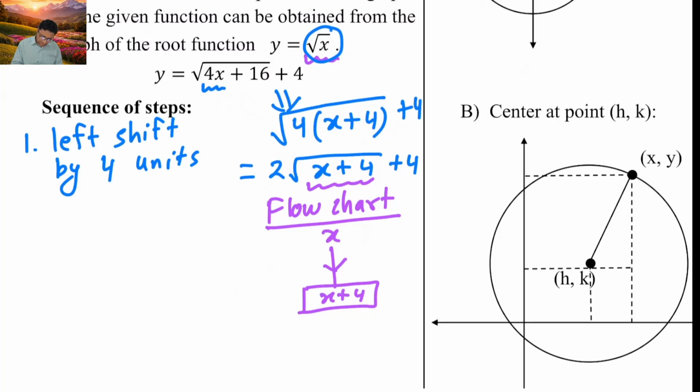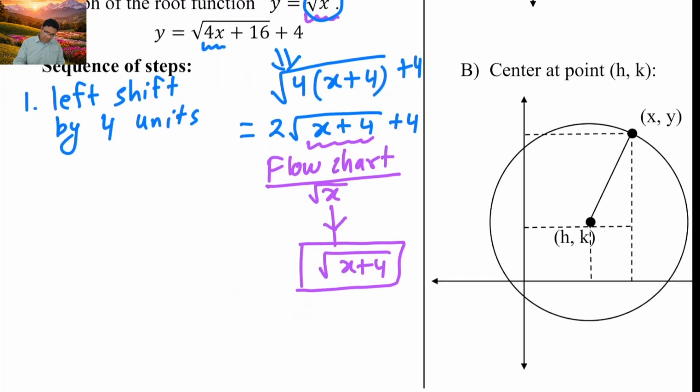Or you can think of it this way also. It was the under root function. So let me think in terms of the under root function. Let's keep the under root there. That is left shift by 4 units. Then what was done? You can go with this, right? Now that is multiplied by 2. So from here you get 2 times under root of x plus 4.